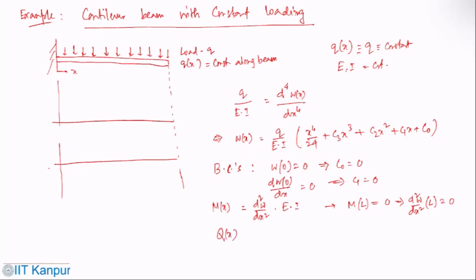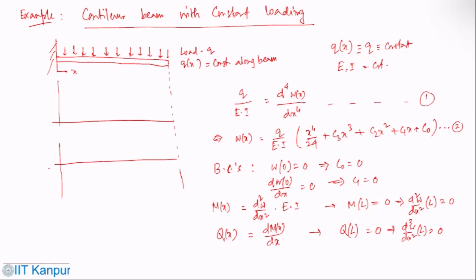And Q of x equals dM by dx, and Q at L, that means d3w by dx3, is 0. So let's say this is solution 2.